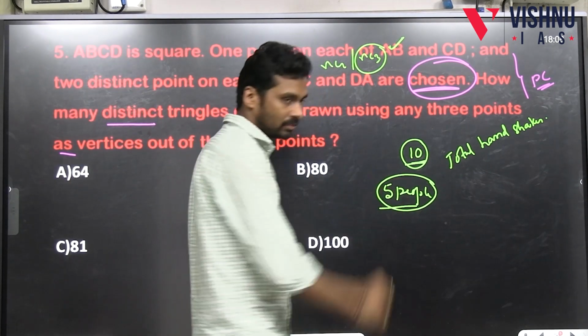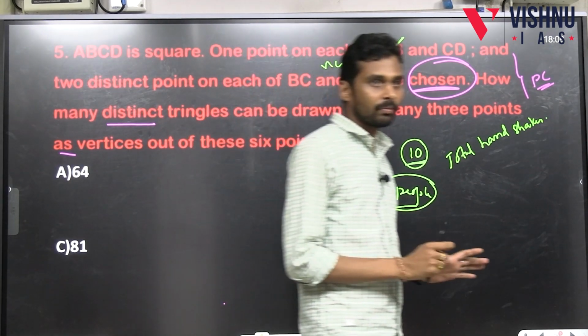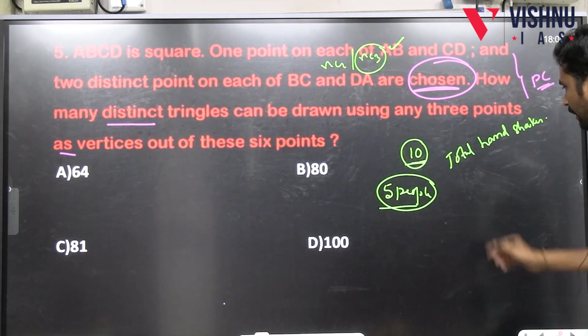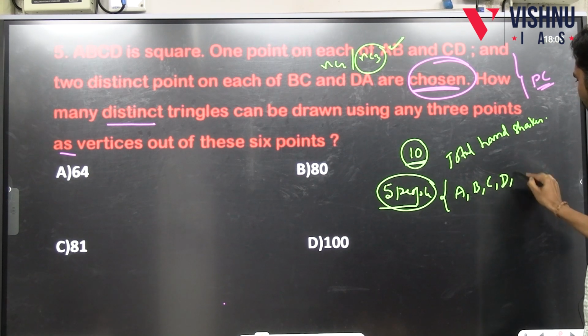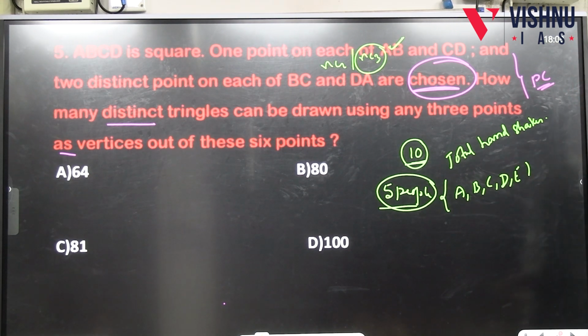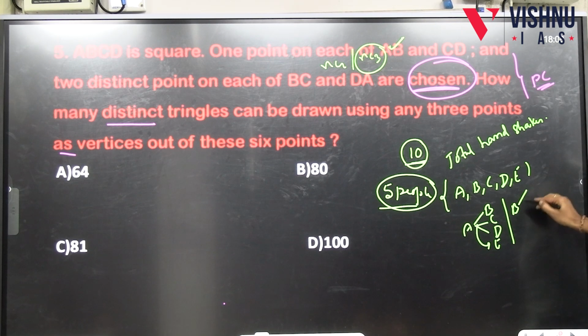So 5 people are there. Suppose there are only 5 people. You can name them A, B, C, D, E. Then how many handshakes are possible? You can write all the possible handshakes. A can shake hands with B, C, D, E. Now B can shake hands with... there is already a condition, right?